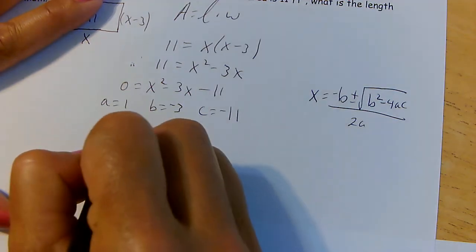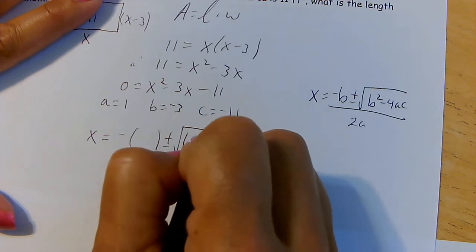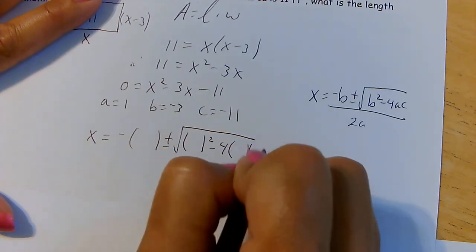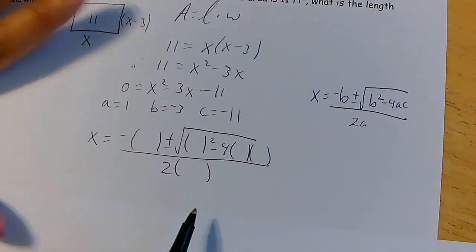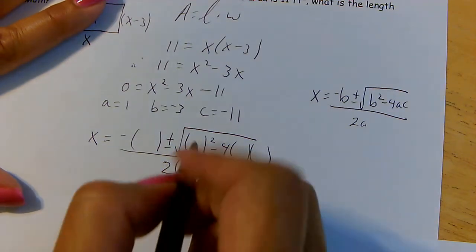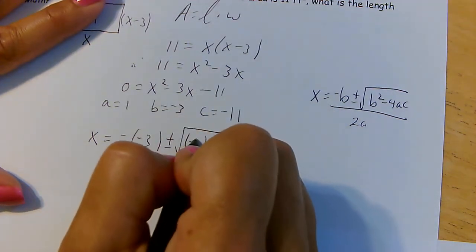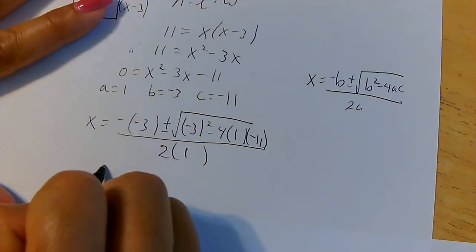So I just wrote down the formula for you. I copy it over with parentheses. Plug in my ABCs. A, B, C. Watch my signs.